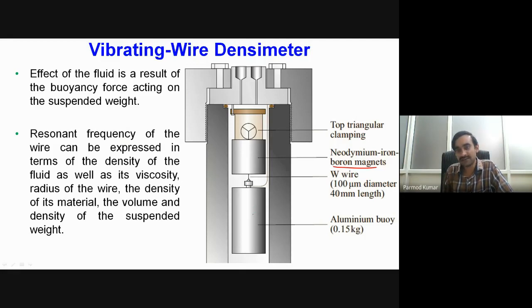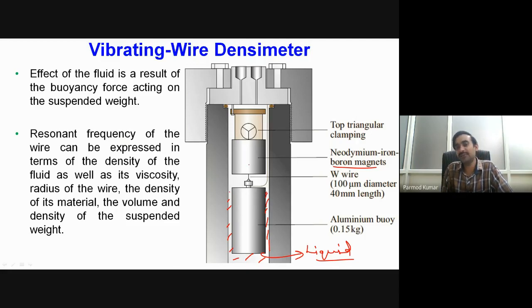And then we are having some aluminium buoyant body over here, and this aluminium buoyant body is dipped inside the liquid for which we want to measure the density. So in the surroundings of this buoyant body, we will have our liquid. Okay, and then there is some top triangular clamp.